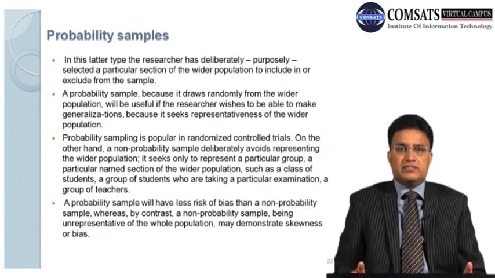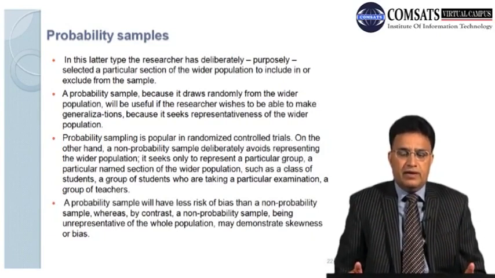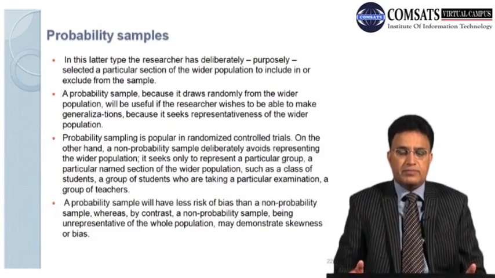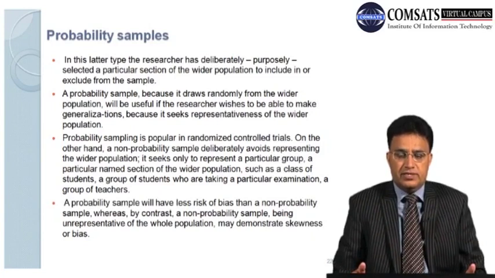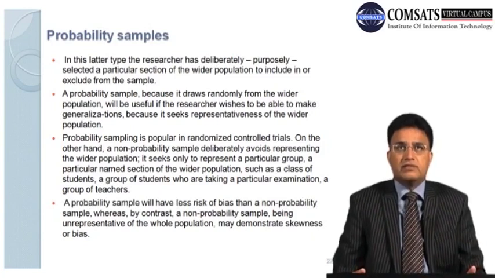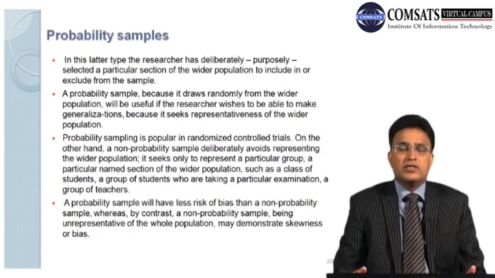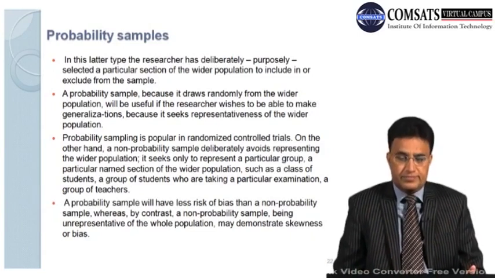A probability sample will have less risk of bias than a non-probability sample, whereas by contrast, a non-probability sample, being unrepresentative of the whole population, may demonstrate some kind of skewness or bias.